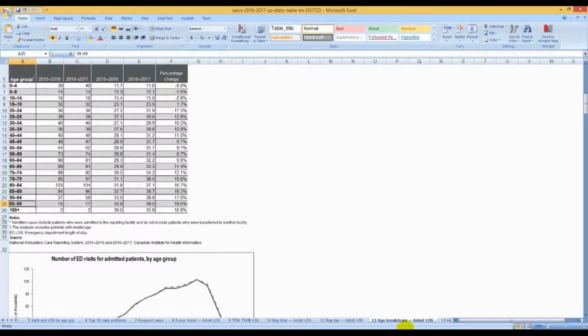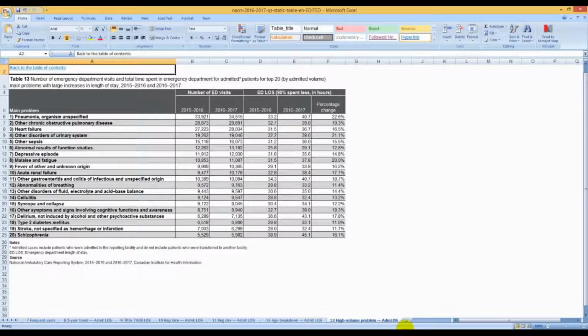We are going to the last table, table 13: number of emergency department visits and total time spent in the emergency department for admitted patients for the top 20 by admitted volume, main problems with large increase in length of stay.